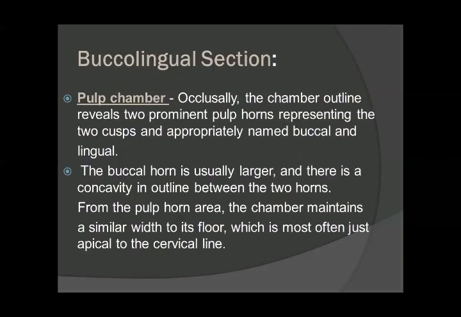Occasionally, the chamber outline reveals two prominent pulp horns representing the two cusps, appropriately named buccal and lingual. The buccal horn is usually larger and there is a concavity in outline between the two horns. From the pulp horn area, the chamber maintains a similar width to its floor, which is most often just apical to the cervical line.